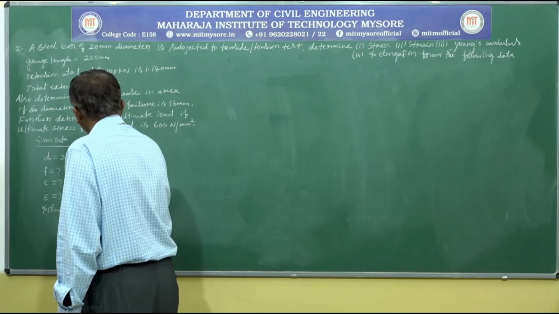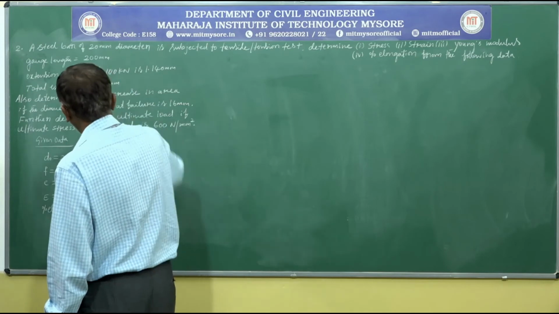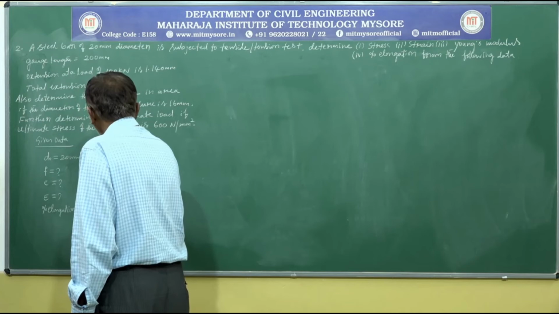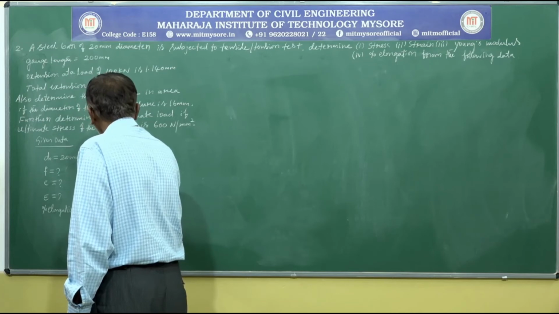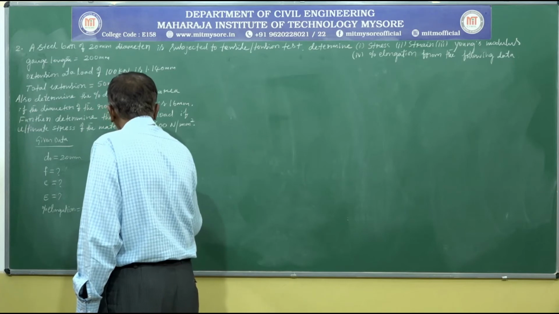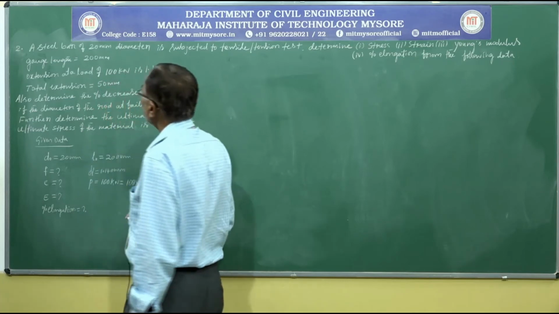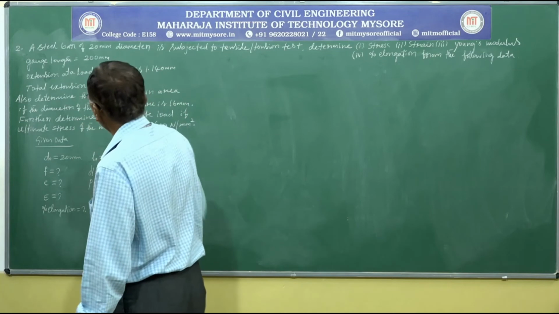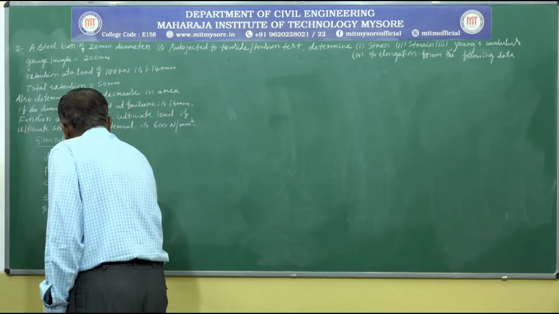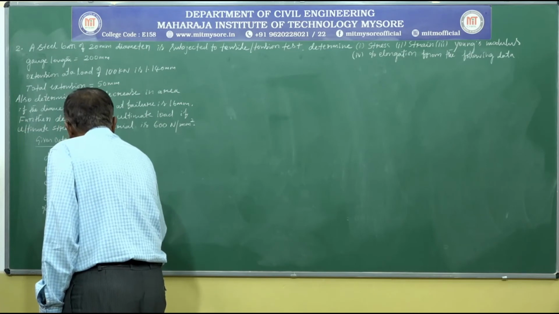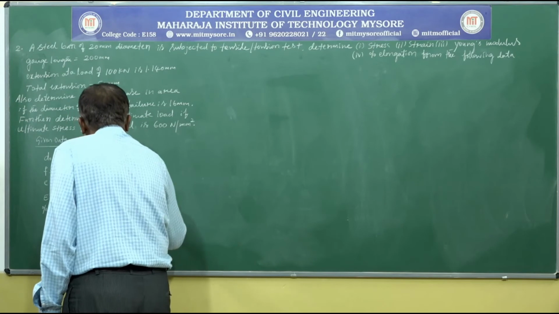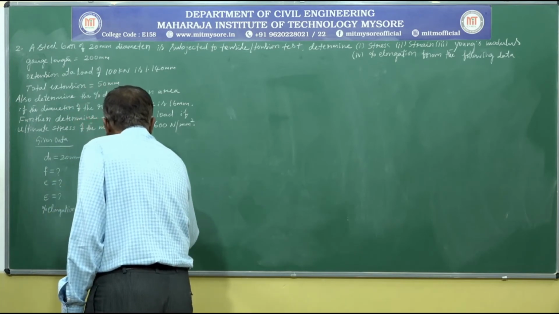There are no other loads except this P, so we can retain it as it is: P is equal to 100 kilonewton, which is 100 into 10 power 3 Newton. Total extension is equal to 50 millimeter.